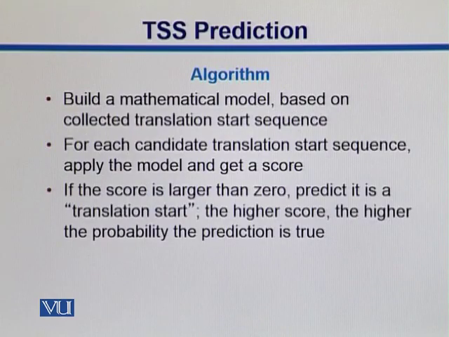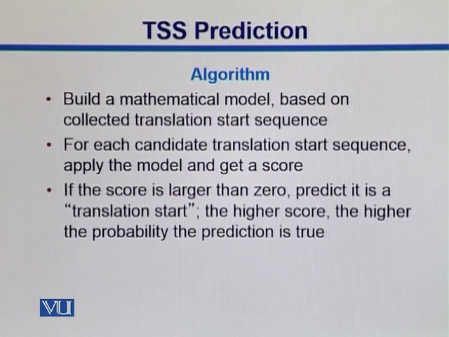Let's look at this algorithm, which we can put together with whatever we have learned so far in this section. We can build a mathematical model based upon collected translation start sequences, and for each sequence we apply the model and get a score. We get those frequencies and divide by the expected ones.